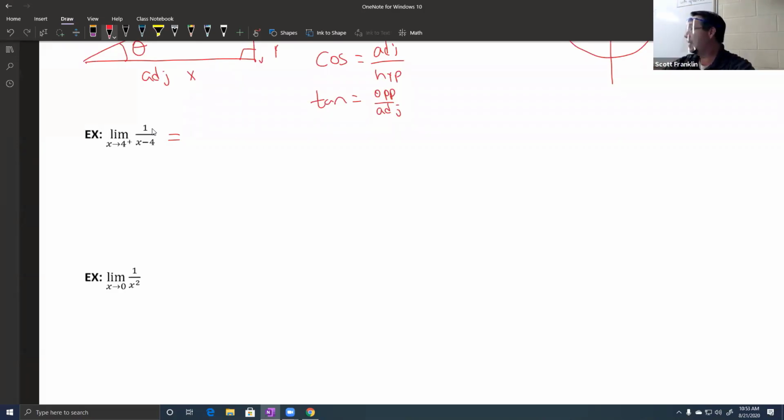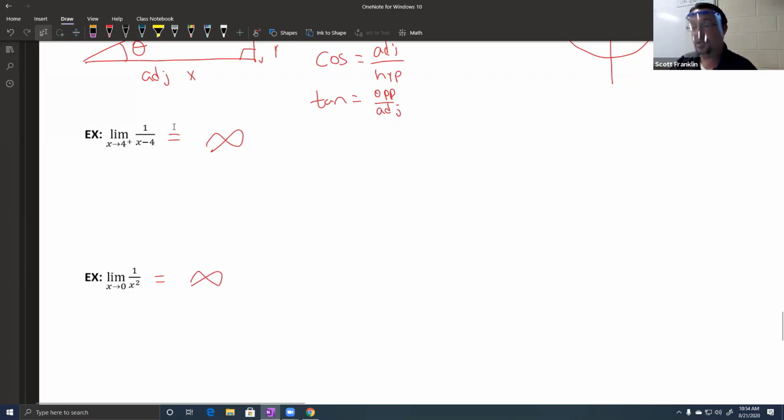When the bottom gets smaller, the whole fraction gets bigger, and it's getting bigger to positive infinity. This one is also going to be positive infinity. You can get there by seeing that the bottom of this thing is always positive, and as it gets close to 0, the whole fraction is getting bigger. It's blowing up.